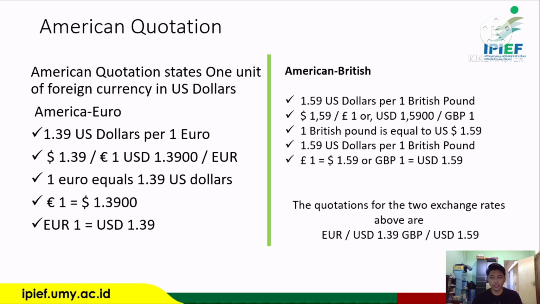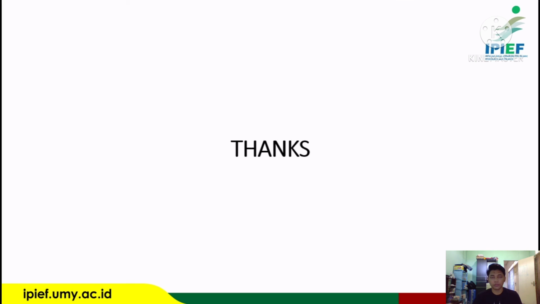The quotation for the two exchange rates above can be seen in the presentation: euro over USD is 1.39, and pound sterling over USD is 1.59. So the euro has a higher exchange rate, and the British pound has a higher exchange rate too over the American currency of US dollar.